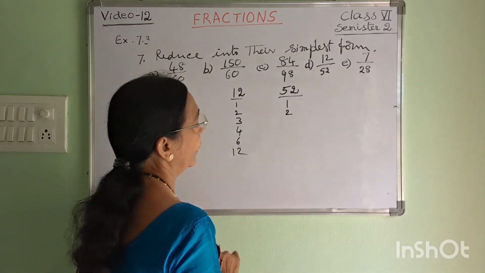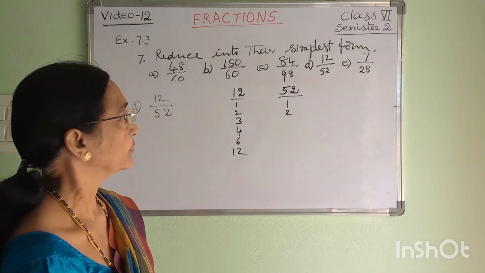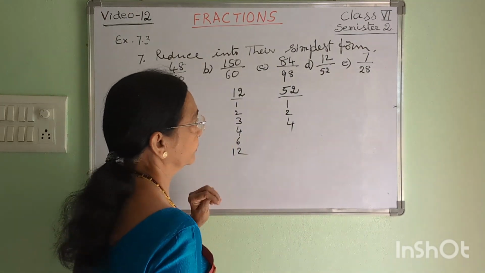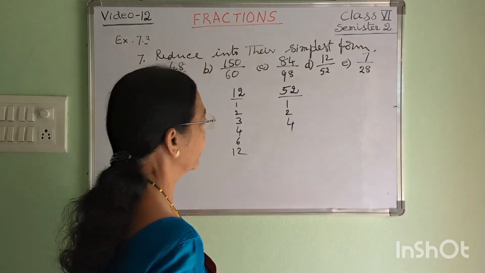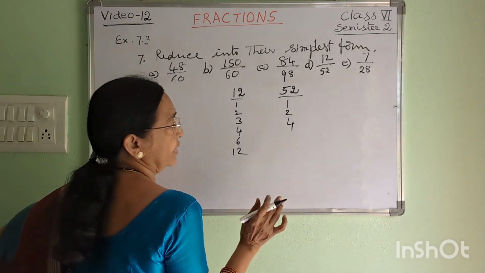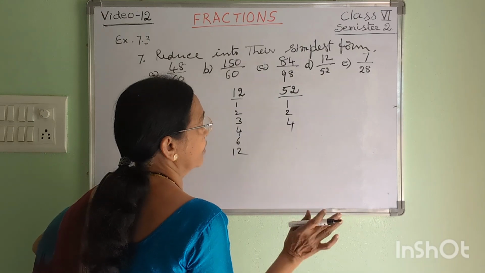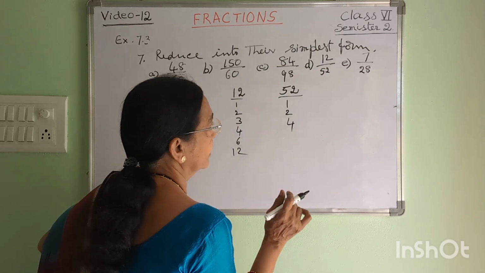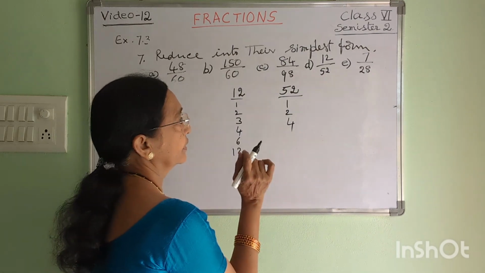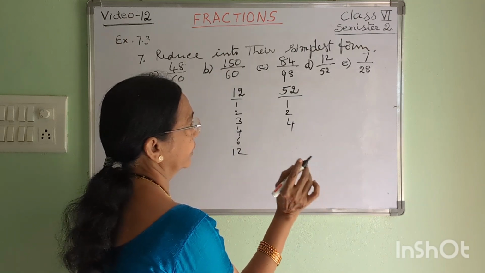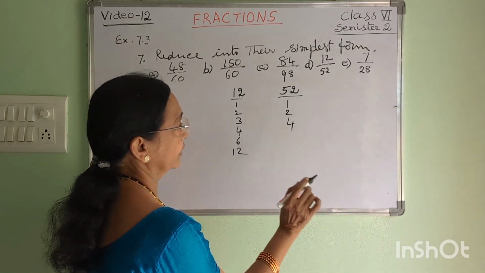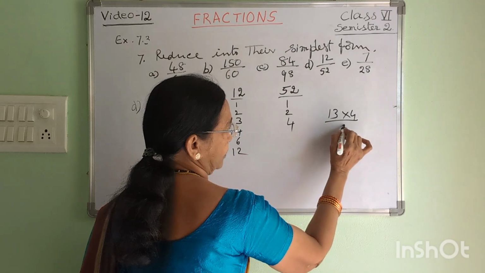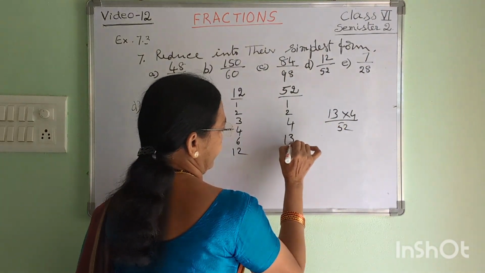Next, 4 is a factor because 4 ones are 4, 4 threes are 12. 5 is not a factor. 6 is not a factor. 7 not a factor. 8 not a factor. 9 not a factor. 10, 11, 12 is not a factor. 13 may be a factor. 4 thirteens, 4 threes are 12, 4 ones are 4. 13 is a factor.